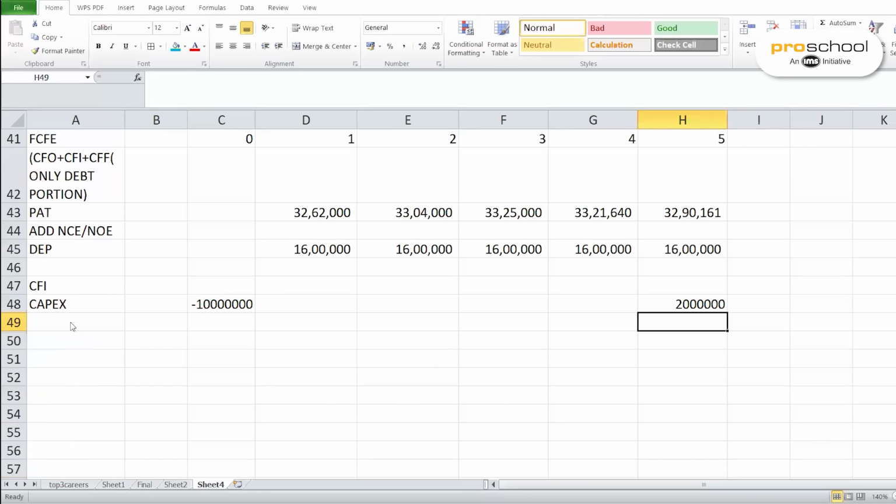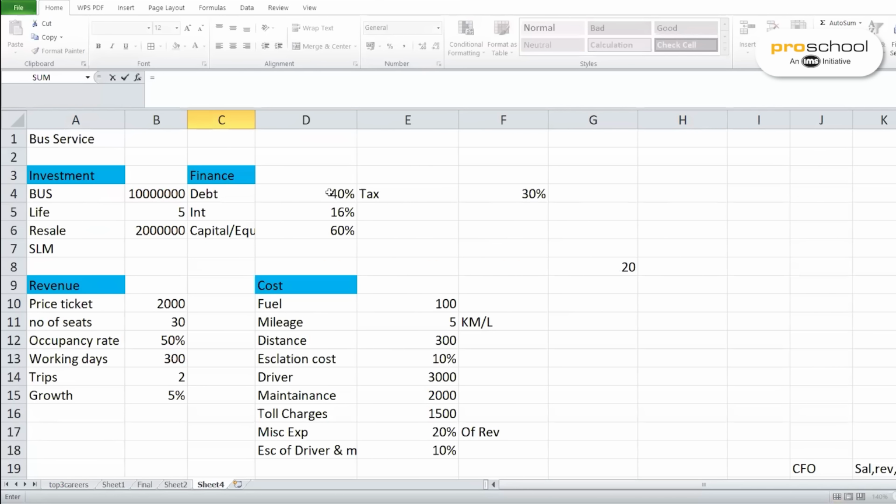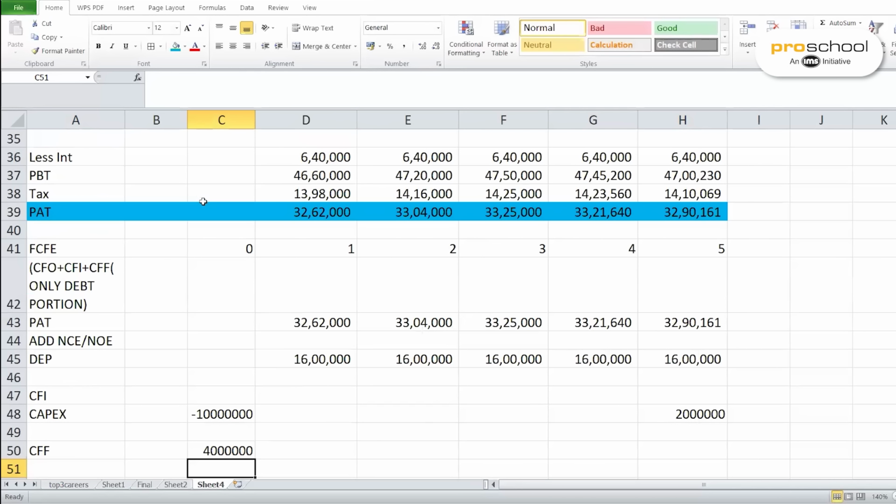Right? And the last part, now we come to CFF, that is the debt part. Have we taken any loan from the market? Yes. How much? 40%, if you remember. So we will write equal to 40% multiplied by the cost of the bus. Simple. So 40 lakh.